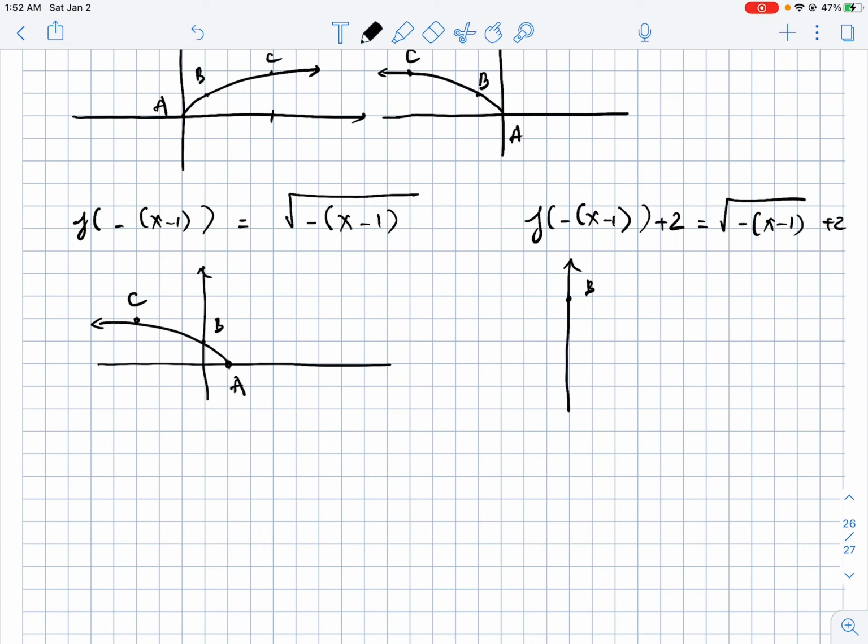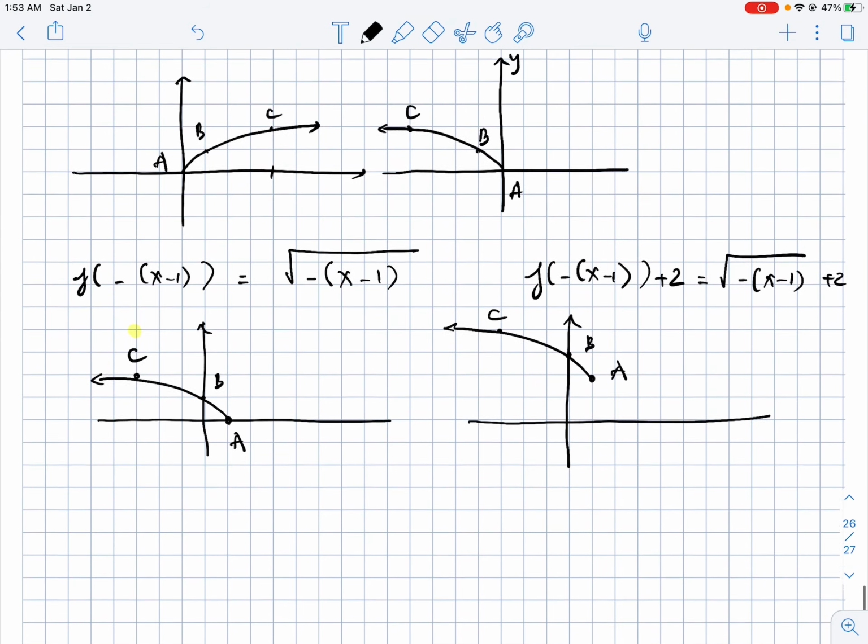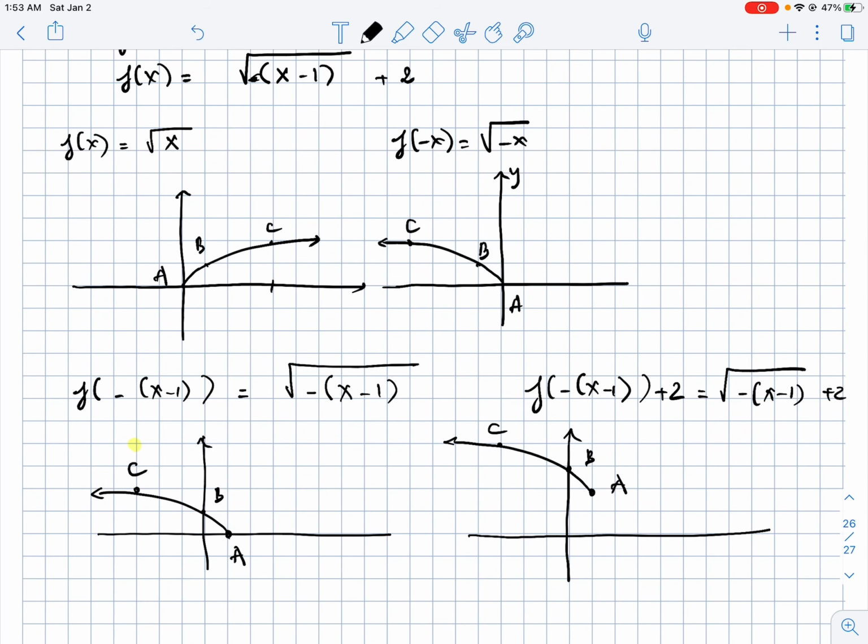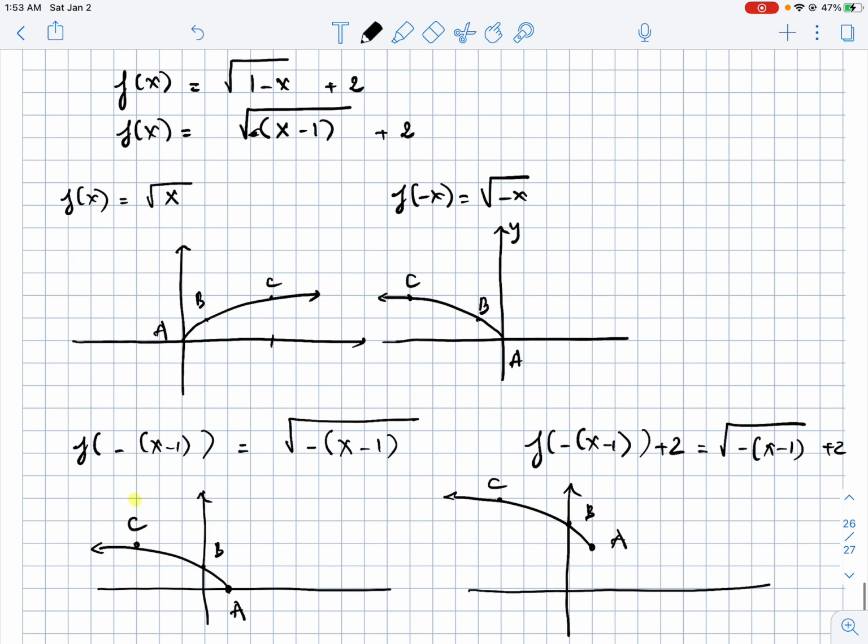So A will be here, B will be 3 on y, A will be 2 up, so A will be at 1, 2, and C will be 2 up, so C will be at this point. That point is negative 3, 4. So we get the same answer.